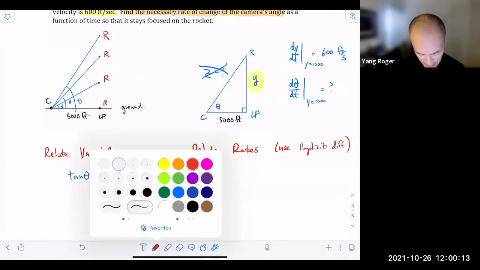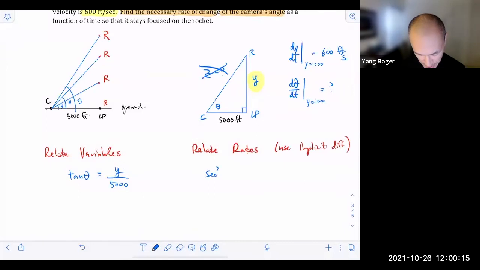Is secant squared theta your final answer? d theta dt. Remember, we're using the variable here. Maybe I need to write an extra step.